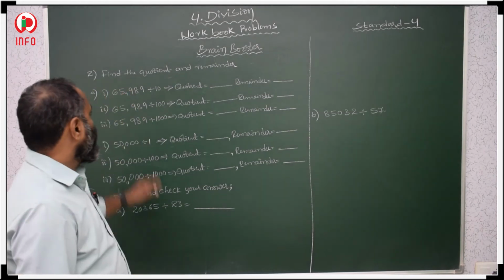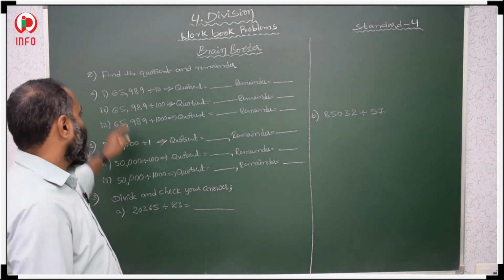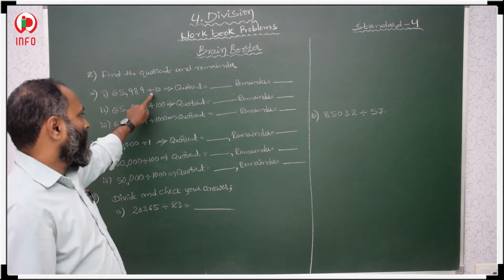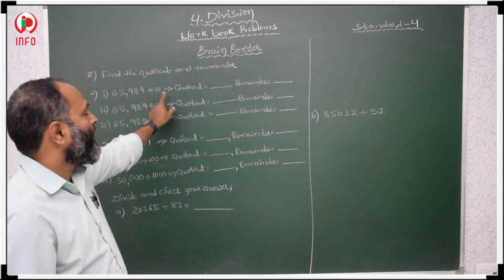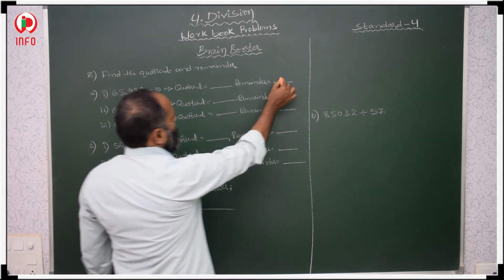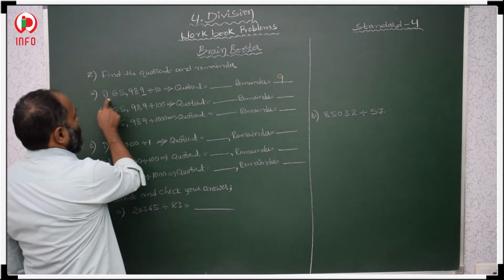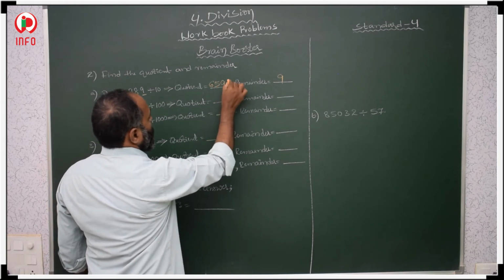Next question, find the quotient and remainder. 65,989 divided by 10. Here this number is divided with 10. When the number is divided with 10, then the last ones place is the remainder. The remaining places are the quotient, 6,598.